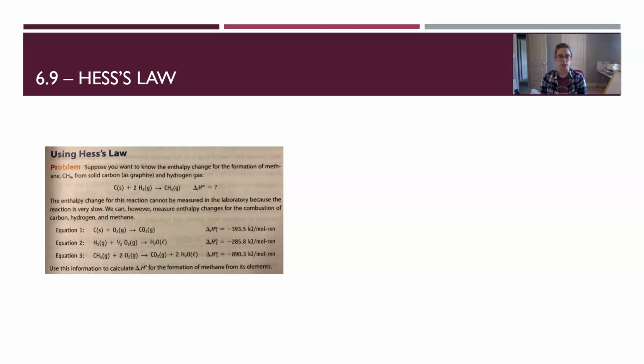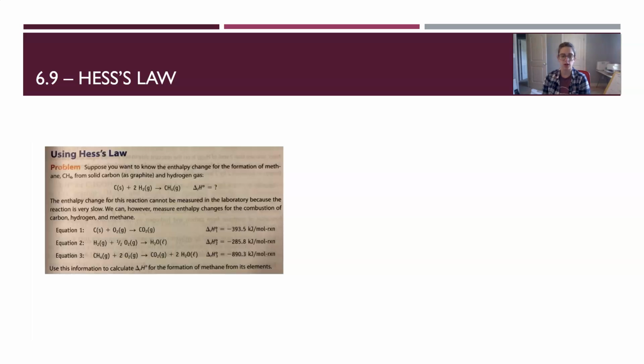So we have three different equations. Equation 1 is solid carbon reacting with oxygen gas to form CO2. That has an enthalpy of reaction of negative 393.5 kilojoules per mole of reaction. Our second equation is hydrogen gas reacting with half a mole of oxygen gas to form liquid water, which has an enthalpy of reaction of negative 285.8 kilojoules per mole of reaction.